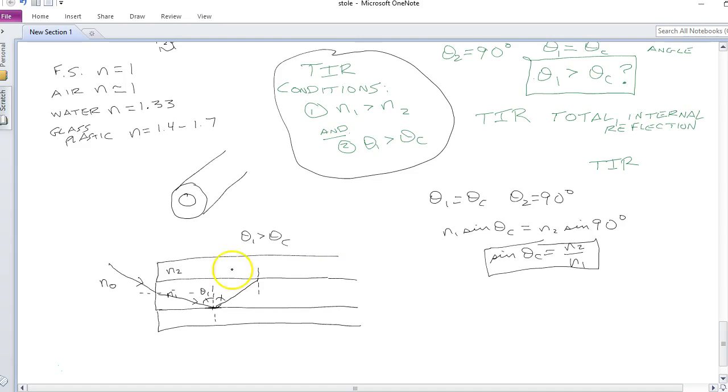The good old Control Z. Okay, so you're guaranteed that this angle right here is the same as the original theta 1, so you're going to get TIR off of this interface. I just made it go away again with my giant finger. So then this ray is going to go like that, where that angle is going to be the same, and this light in the geometric model just zigzags through the fiber.